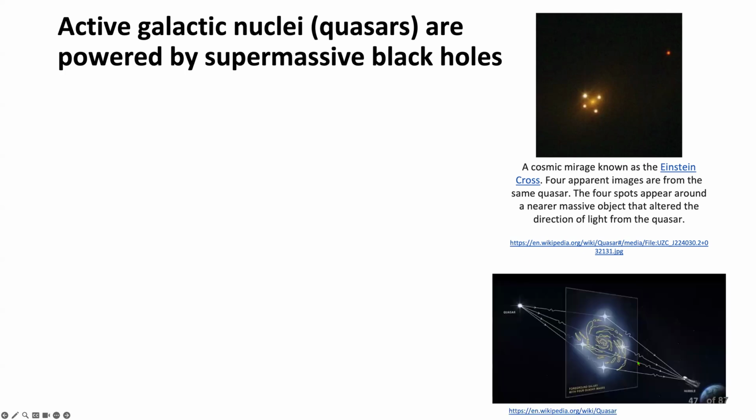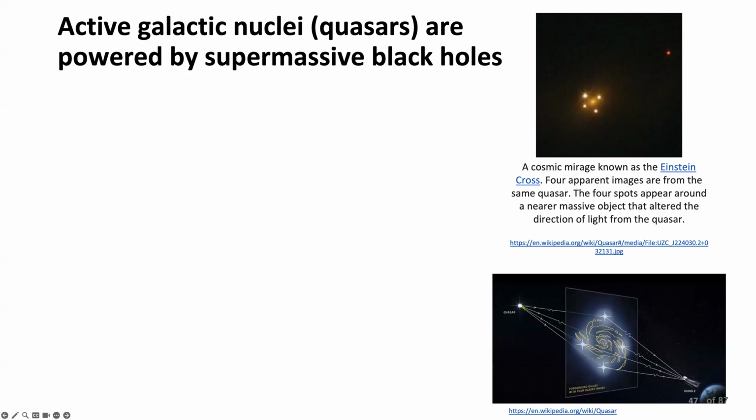And the reason is, here's the quasar way off in the ancient past. And here's an intervening galaxy that has a collection of matter swirling around. It's a galaxy or group of galaxies. And that matter influences the trajectory of the light rays coming from that ancient quasar.